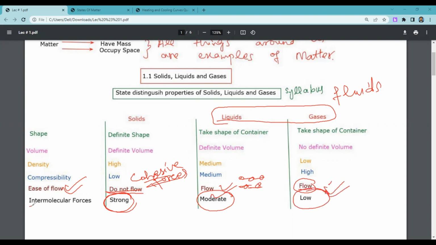What is meant by intermolecular forces? The forces that are present between molecules. For example, this is a molecule of hydrogen. This is H2O.